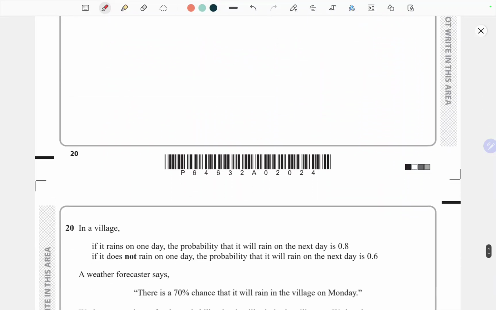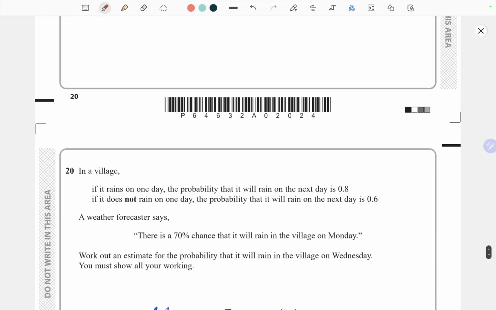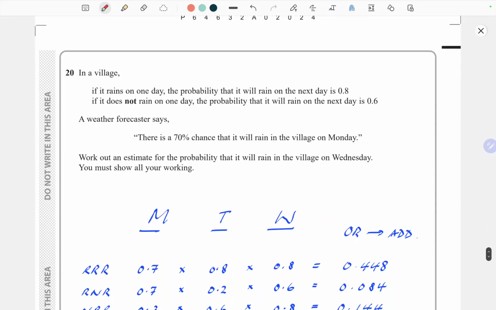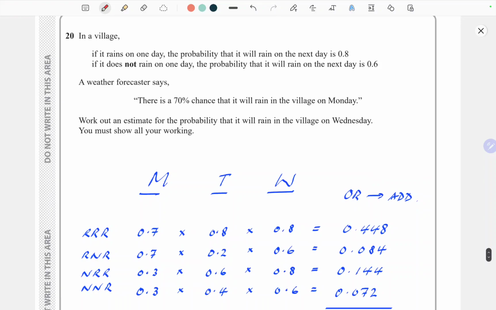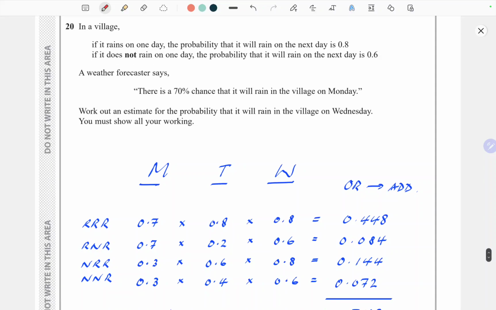Okay, let's try and get this done in a couple of minutes. In a village, and this one's going to take a little bit of patience, I'll go through it as quick as I can. It gives you some probabilities that change depending on what happened before.